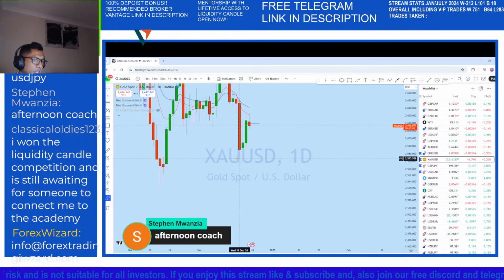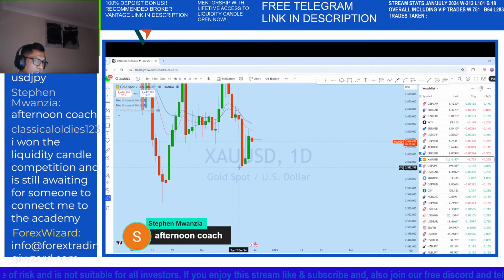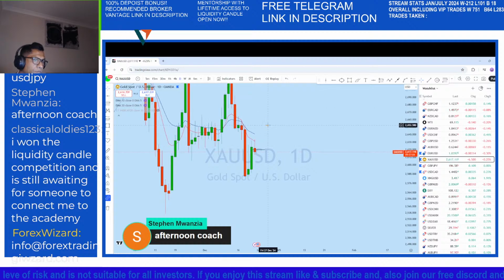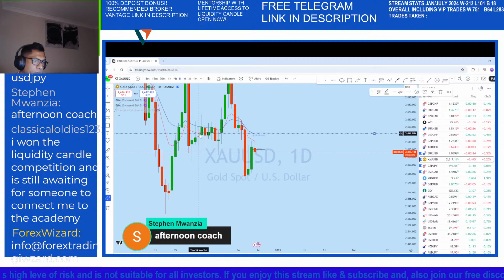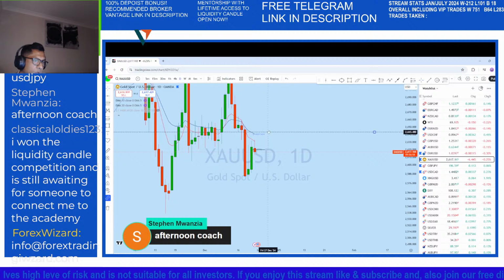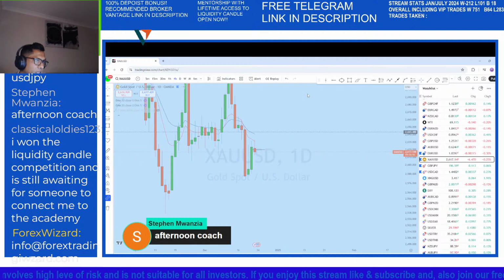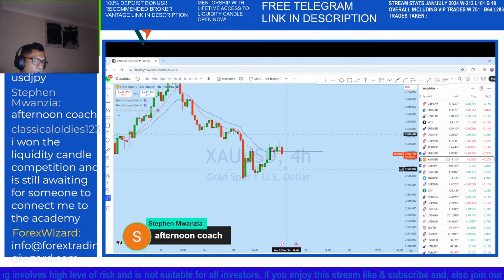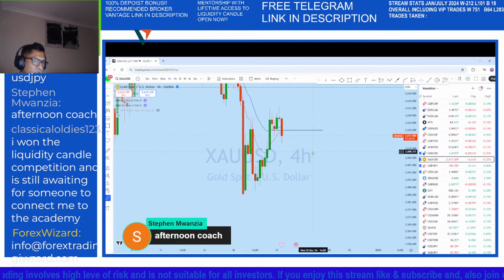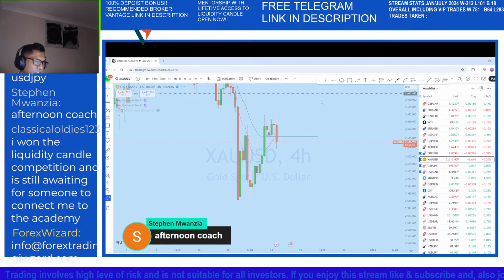There are two probable scenarios now on XAUSD. From the daily, you can see a series of higher lows going to the resistance line here. So that is one of the probabilities. The other probability is, after a retest, to drop again in the direction.